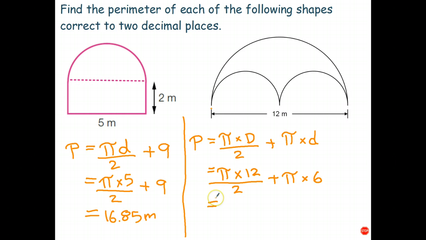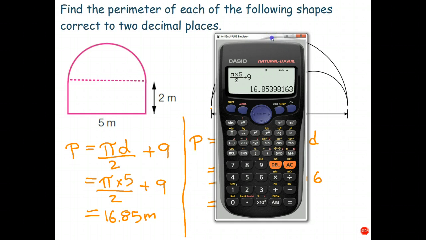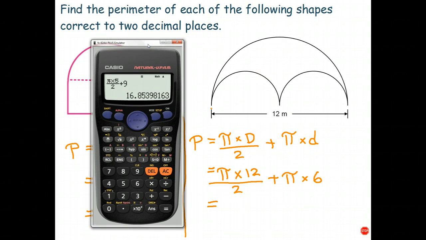Okay, let's just go ahead and use our calculator to work out the answer. And again, the calculator needs to be pushed across to that side. Start with the fraction button. Pi times 12 all over 2. Plus pi times 6.